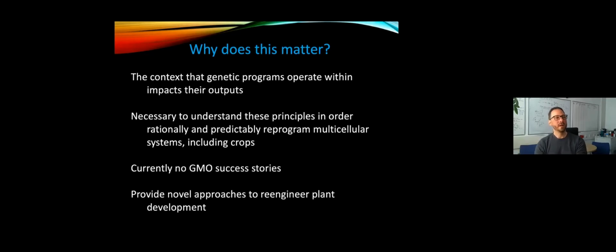And I think the reason for that is that we have levels of complexity in plants that we don't fully understand. If we only try to alter the genetics and the molecules, that's not enough information to be able to predictably and meaningfully reprogram crop plants.